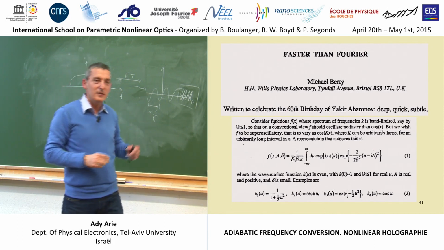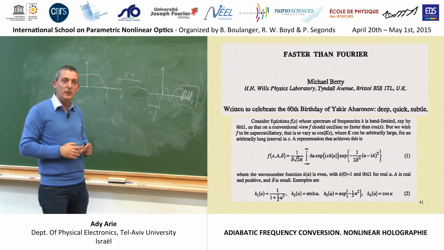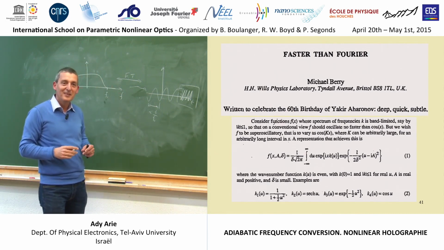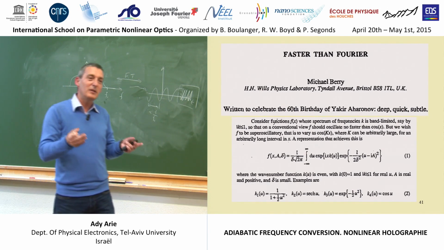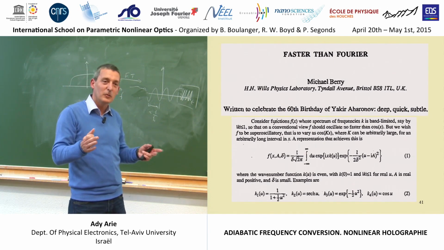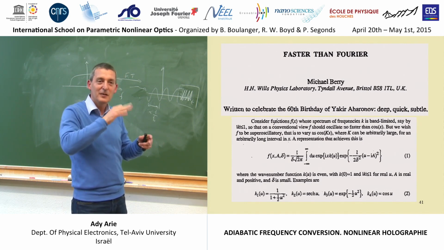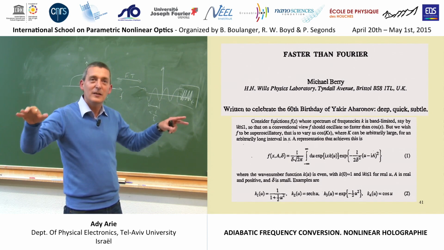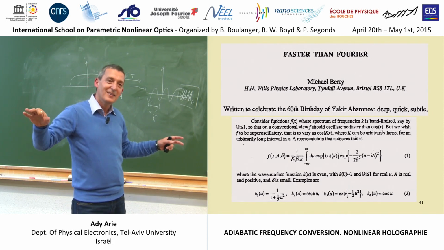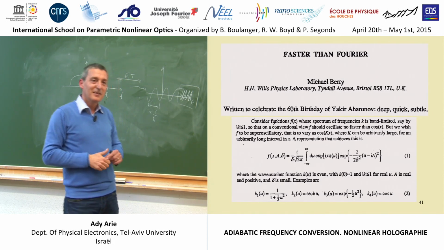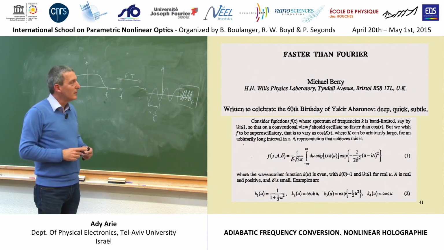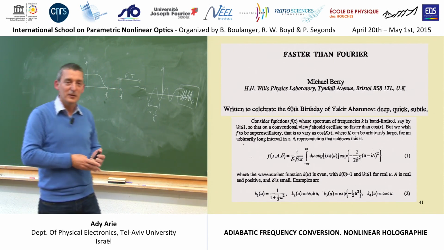So Berry has a nice example. He says, let's take the Fifth Symphony of Beethoven, and we can transmit it on a 1 Hertz bandwidth. We'll have the entire symphony, like 1 hour at 10 kilohertz, and then we'll have some other things, and this will be a 1 Hertz signal. I can transmit it, and it will work. So this is why it's called faster than Fourier.